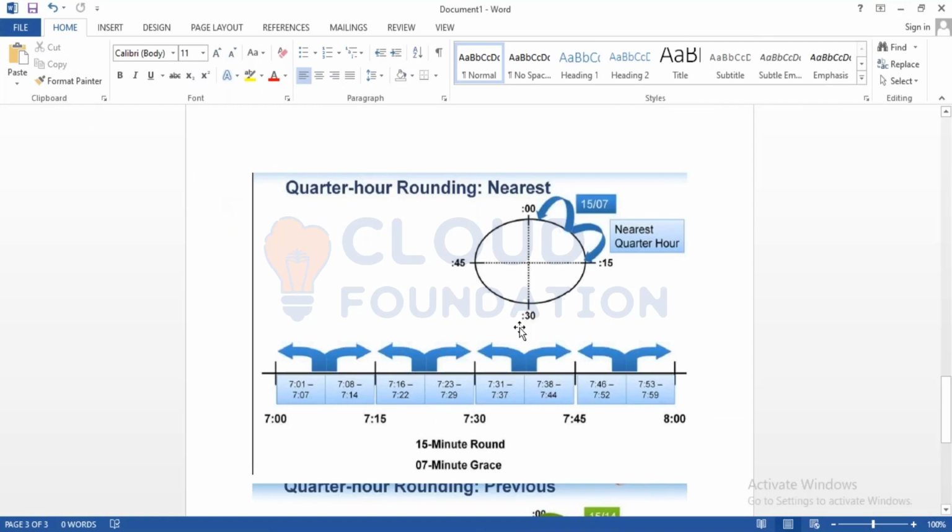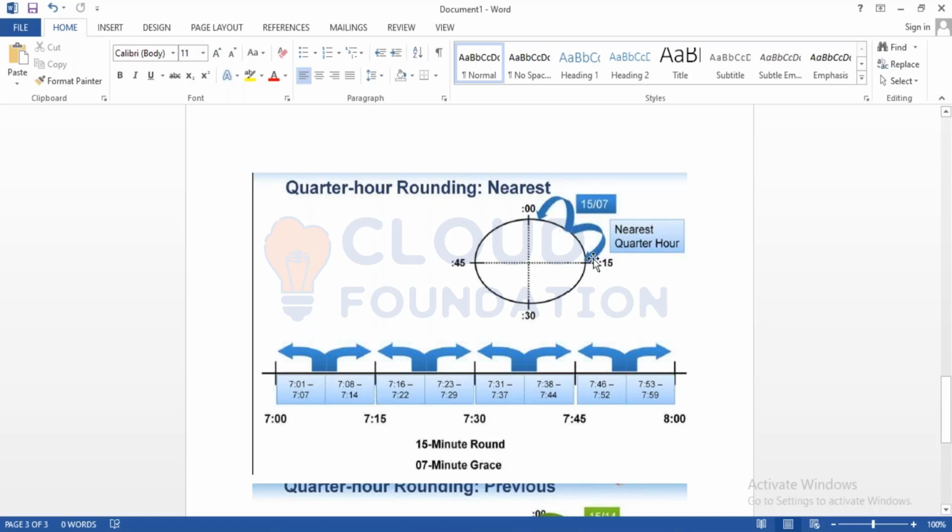What determines how it goes back or forward is the grace. So I have my grace here. My round is 15, so half of 15 is 7. In the first 7 minutes, it will go backward.